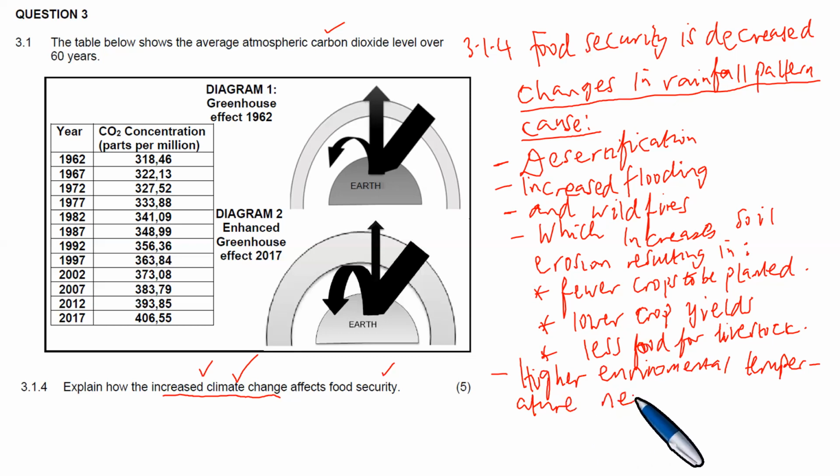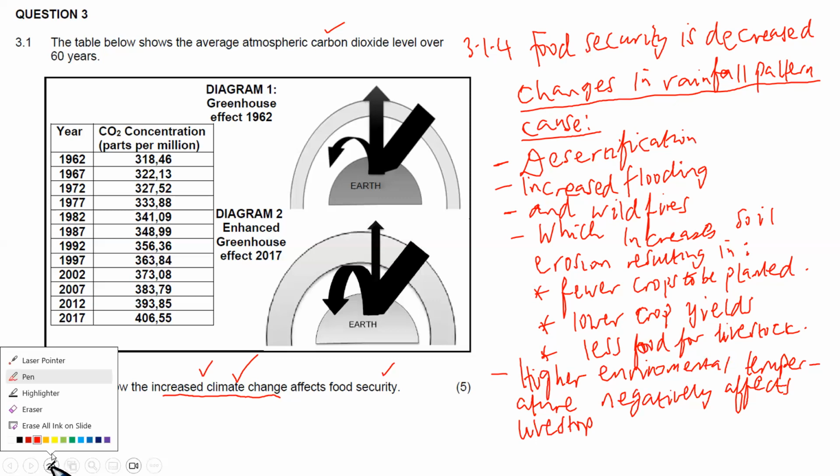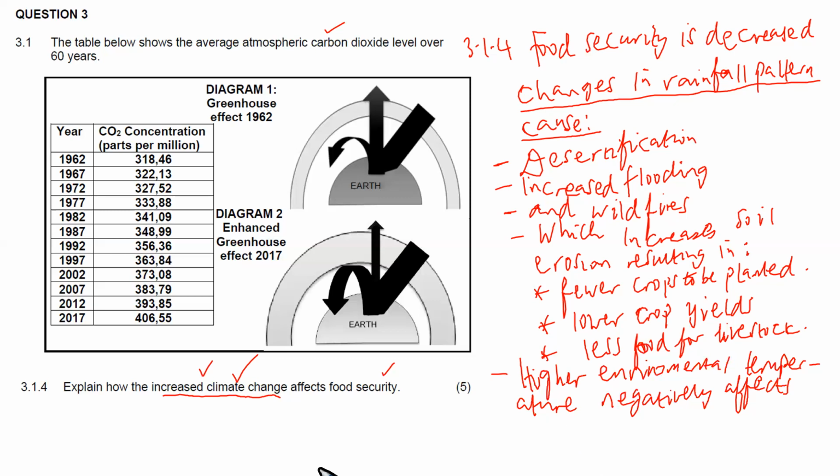Higher environmental temperature negatively affects livestock or crops.